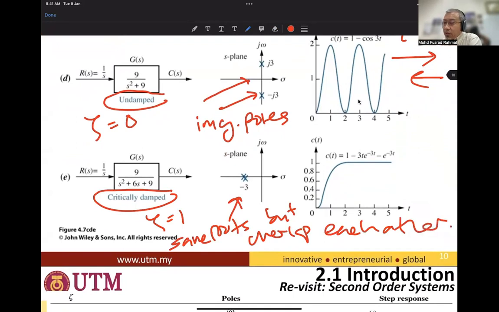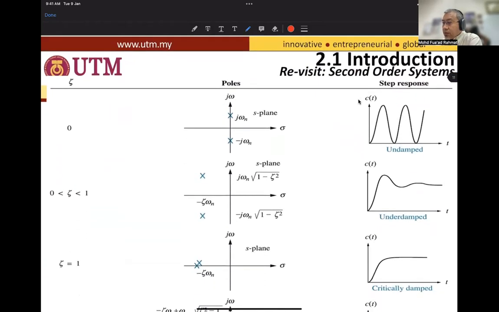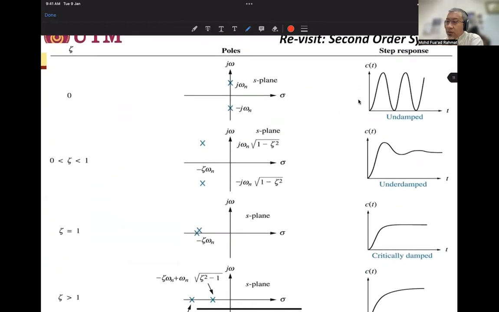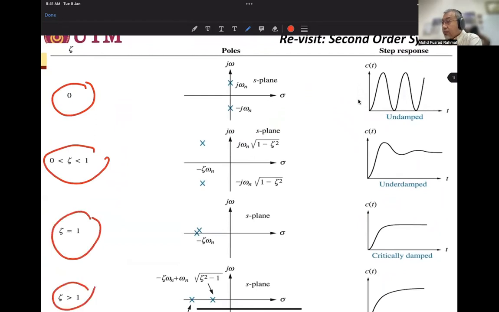You can see that the -3 overlaps, that's why the shape is like this, like an H. And the time response is shown here. So what I just discussed are undamped, underdamped, critically damped, and overdamped.